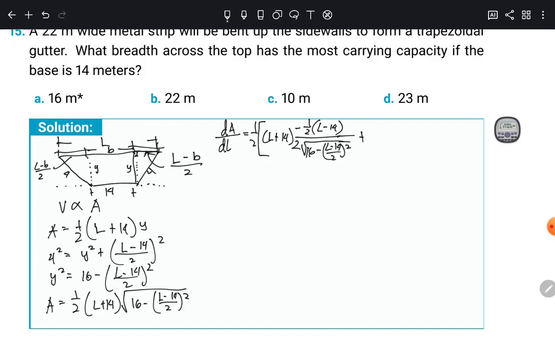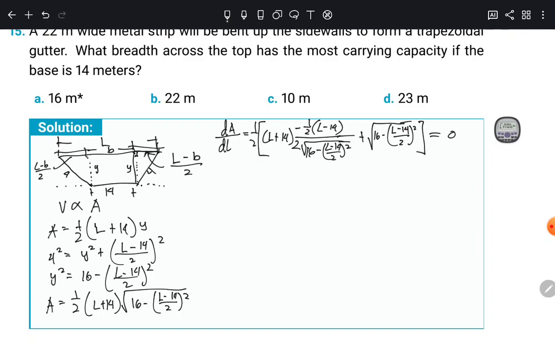The second one is just the square root of 16 minus ((L - 14)/2) squared. Then you multiply this with the derivative of the first one. The derivative of L + 14 is just equal to 1. And we equate this to 0.